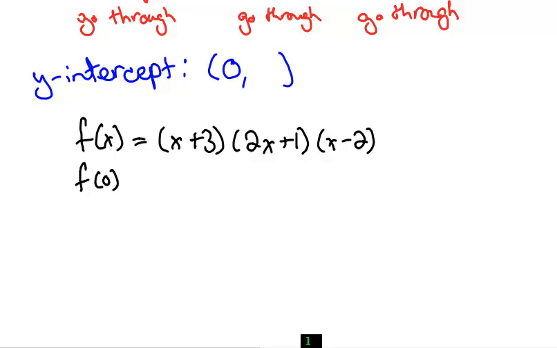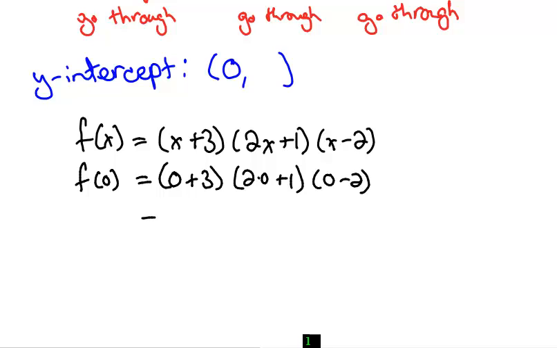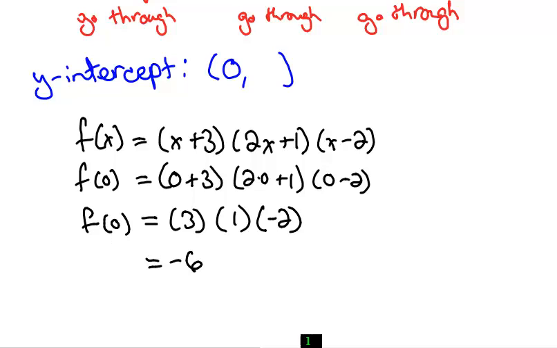So f of 0 is equal to 0 plus 3 times 2 times 0 plus 1 times 0 minus 2. So I get 3, 2 times 0 is 0, plus 1, so that's 1. 0 minus 2 is negative 2. So I get negative 6. So that means that my y-intercept is 0, negative 6.